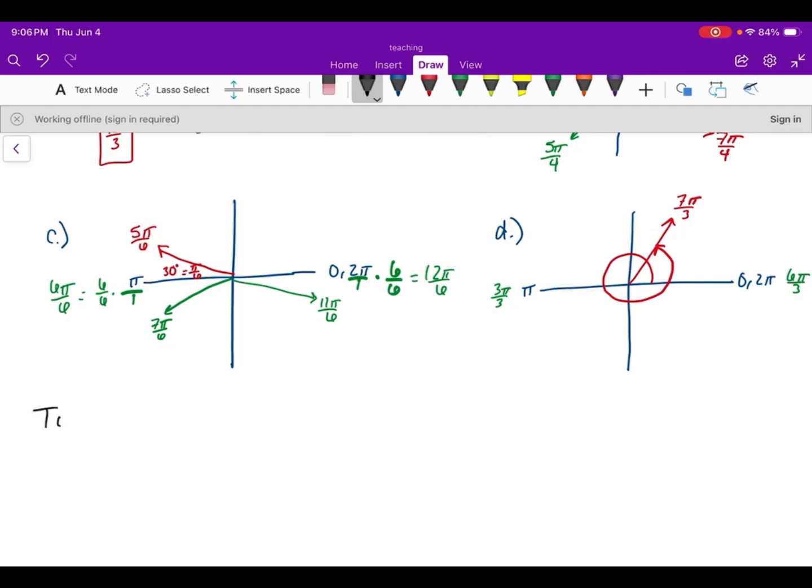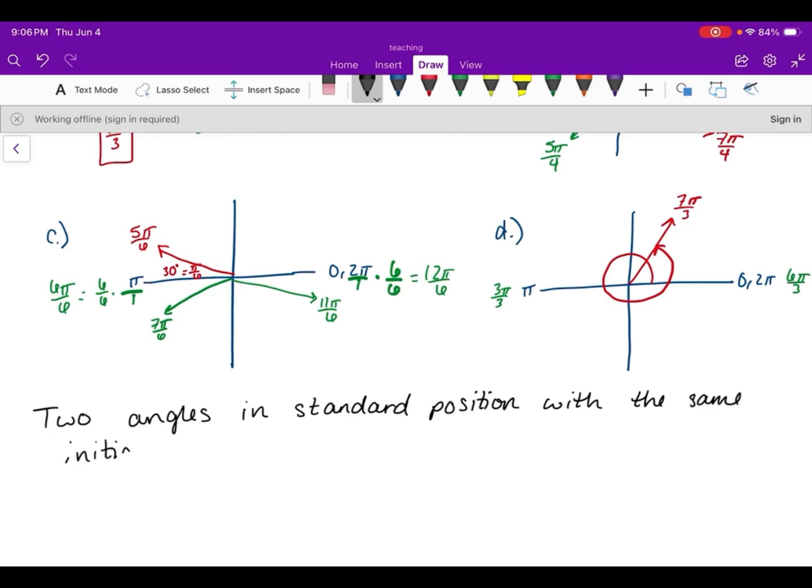So two angles in standard position with the same initial side and terminal side are called coterminal angles.